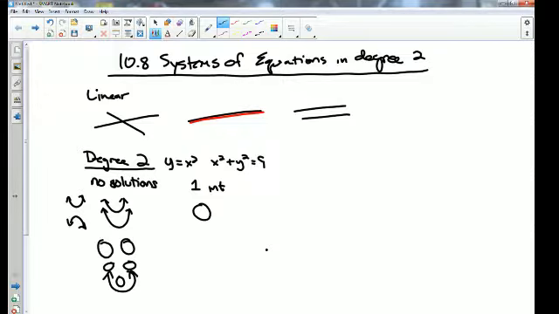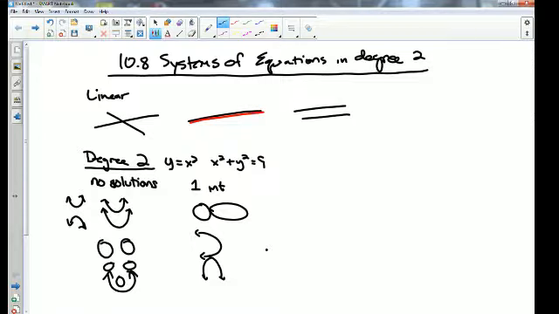Like a circle and an ellipse, right? Or you could do parabolas that touch, they have the same vertex. No, that would be two. But like one's opening up and one's opening down, so you get the idea, right?